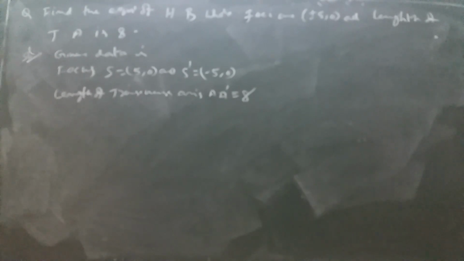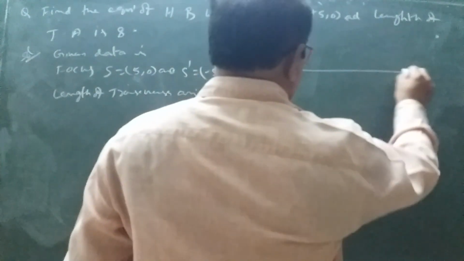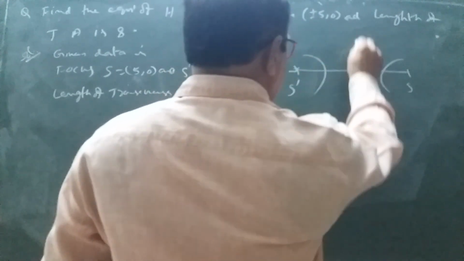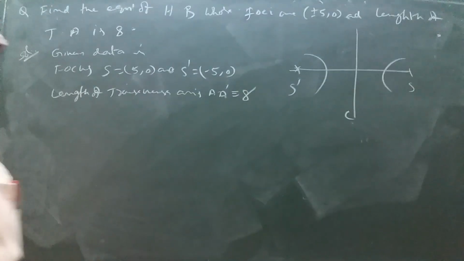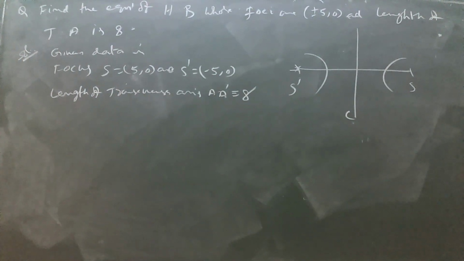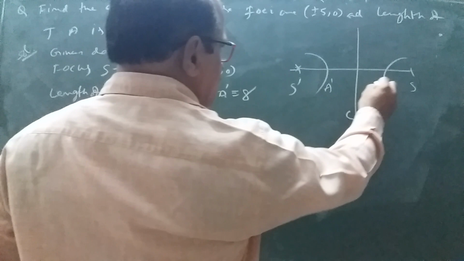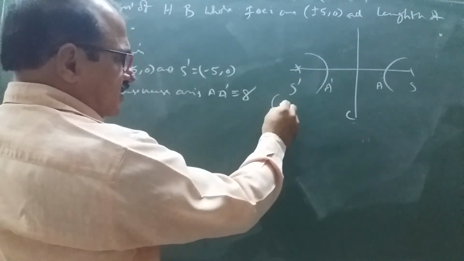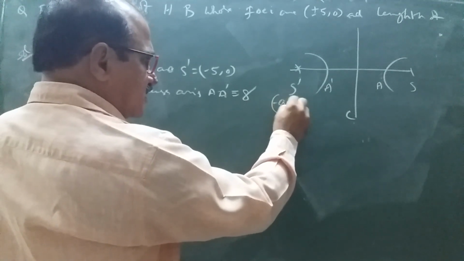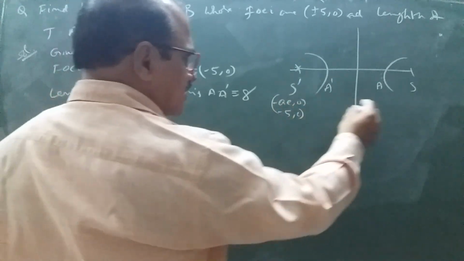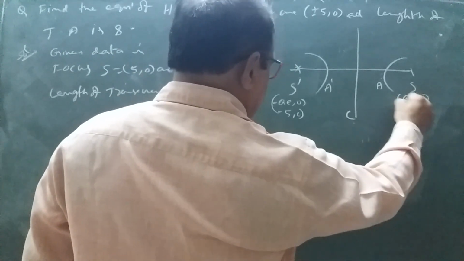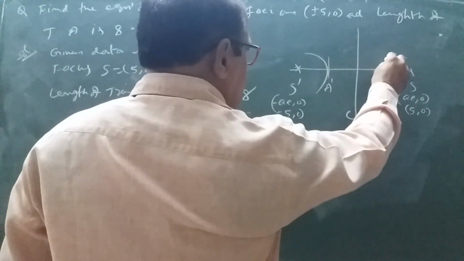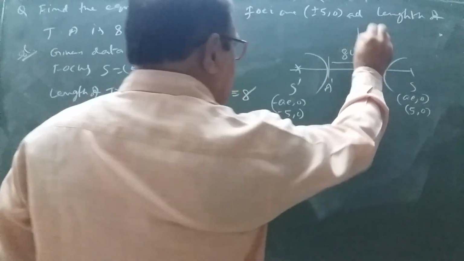In the hyperbola, let this S, this is S dash, this is C, this is A dash, this is A. What are the coordinates of S dash? In general, minus AE, 0, here minus 5, 0. Here AE, 0, here in this problem 5, 0. The length of this much is given, this is 8 units.